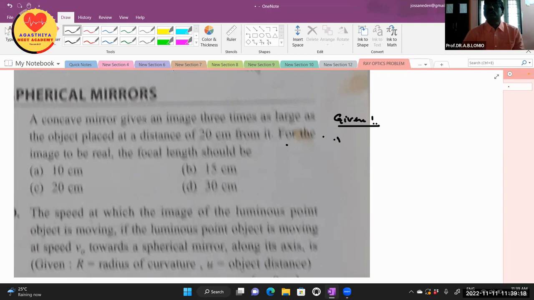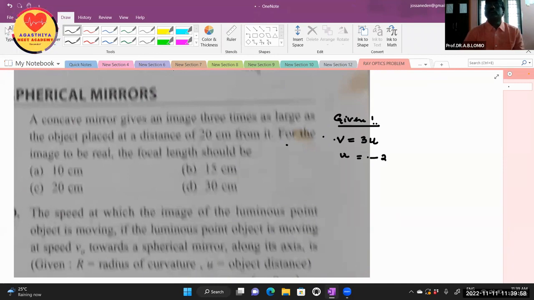The position of the image is represented as V. The position of the object is U. In the problem, the image is 3 times the size of the object, and the object is placed at 20 centimeters from it. U is equal to 20.